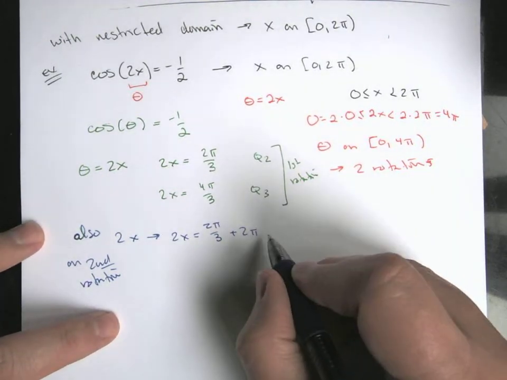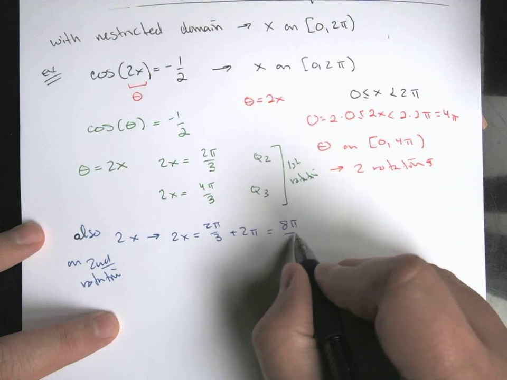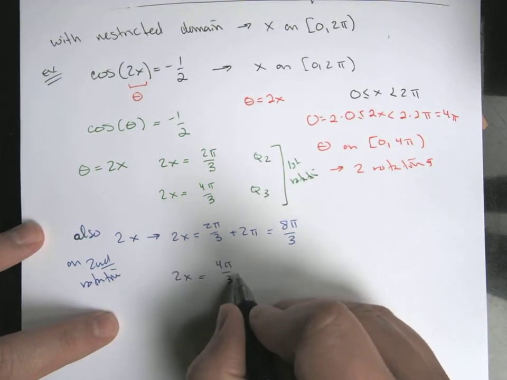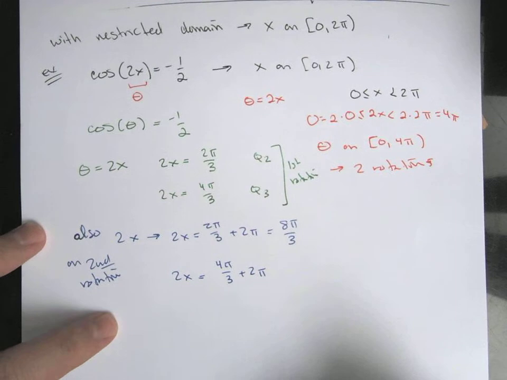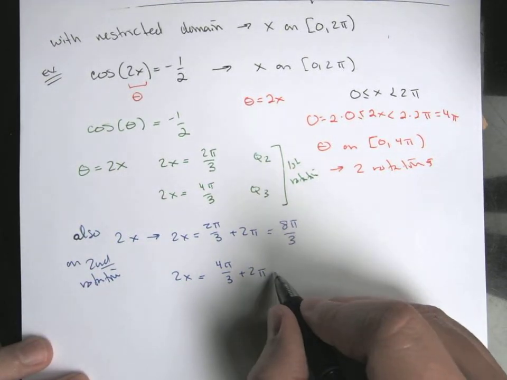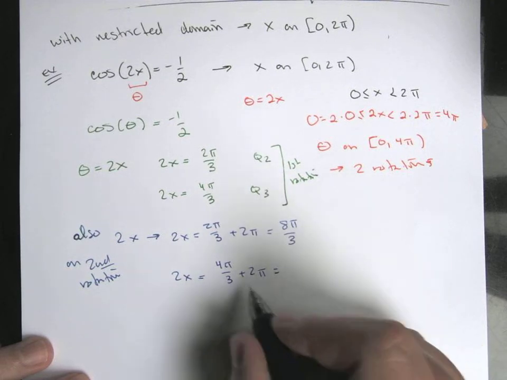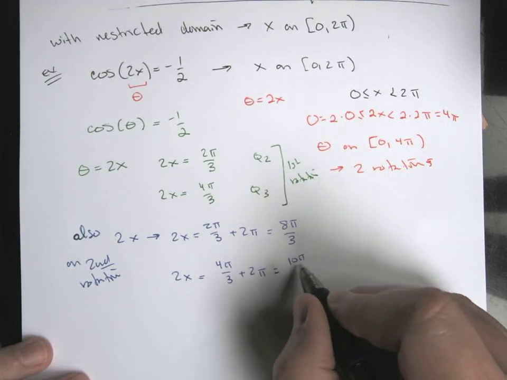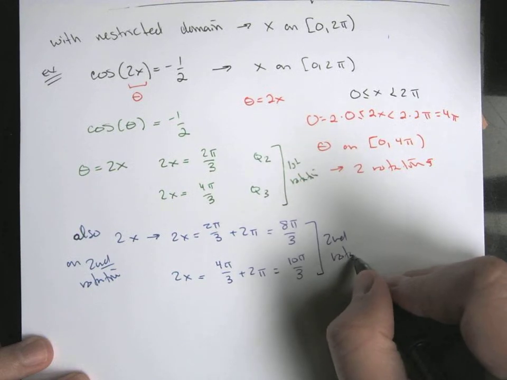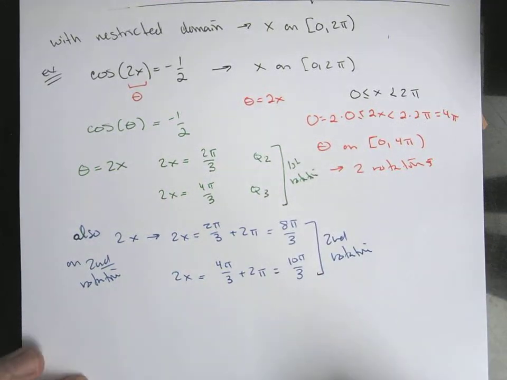This would be 6 over 3, so that's going to be 8 pi over 3. 2x is also going to be 4 pi over 3 plus 2 pi. So where's that going to send us? 11 over 3? No. Plus 6, 10 over 3. So that's my second rotation.